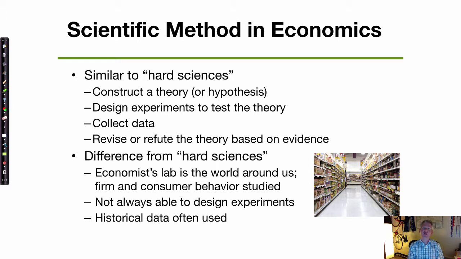And so we know that the different result is perfectly due to the fact that we treated one in a different way. Most of the time, economists, we don't get that. Sometimes we do. Sometimes we're able to run lab experiments. But for the most part, we aren't able to do that. So we get data that we observe. We have to form theories about what we observe. All right. We often use historical data in order to try to better get a handle on how our different theories are playing out in the real world.